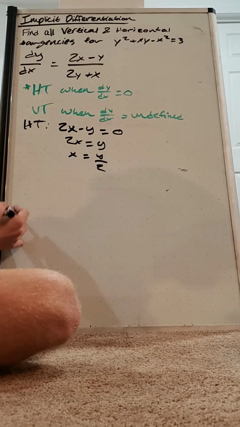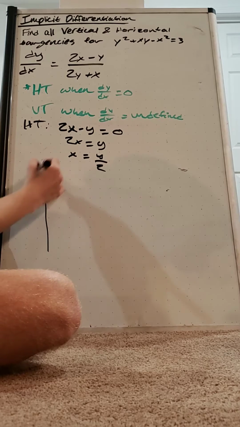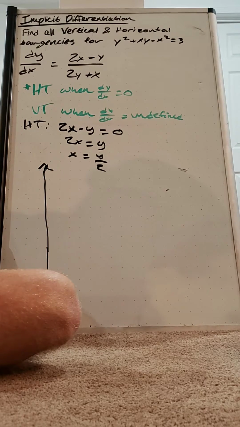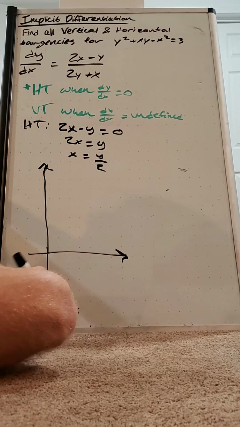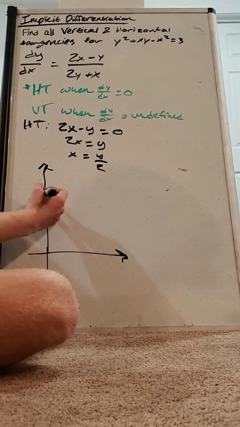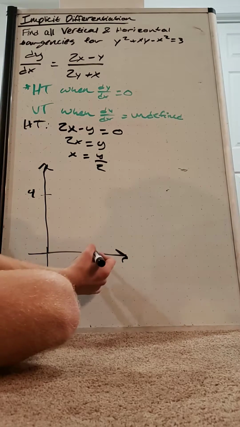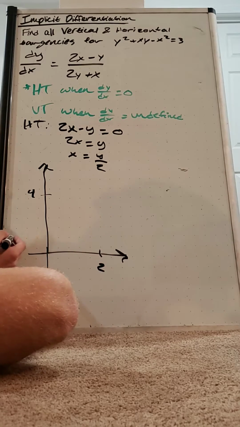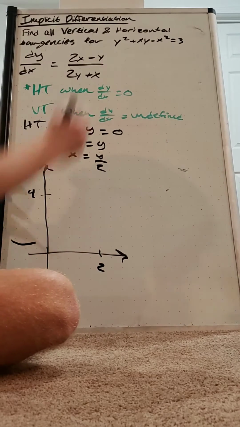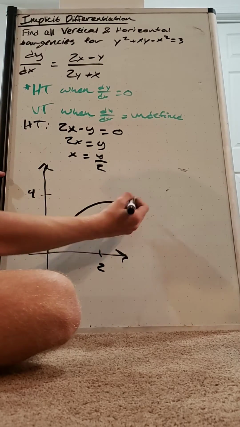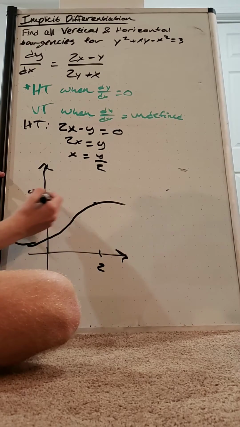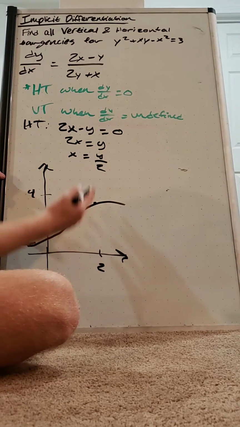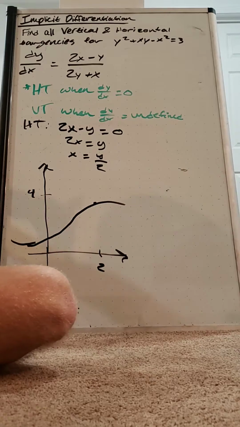And so if we had, say, 4 here and then 2, we know that the graph of this would have a horizontal tangent at this point, since x is equal to y over 2 at that point.